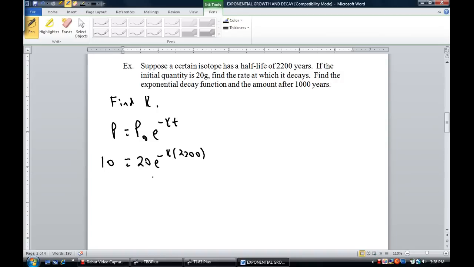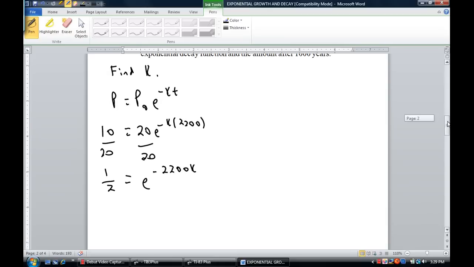Now we're going to solve it using the same steps as we did in the previous problem. We're going to isolate the exponential part first by dividing both sides by 20, which is going to give us 1/2 or 0.5. And then I'm going to write this as e to the negative 2200k. Makes it easier to see and to work with.